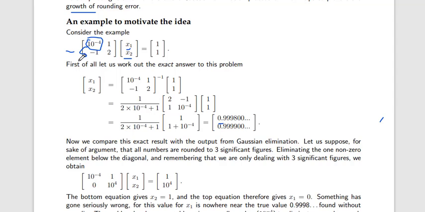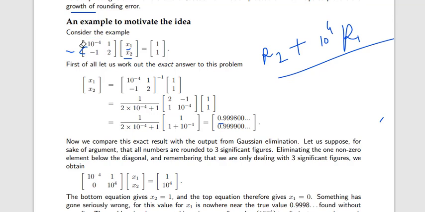How do we transform this into 0? We will multiply the first row by 10 raised to 4 and add it to the second row. So what will the equation become? R2 plus 10 raised to 4 R1. Any doubts?